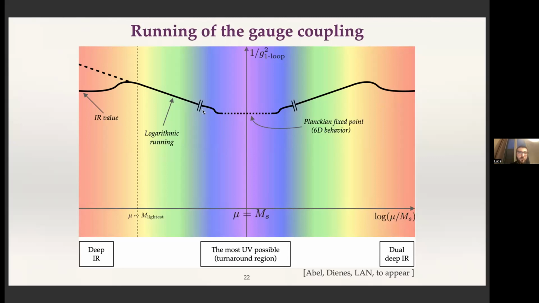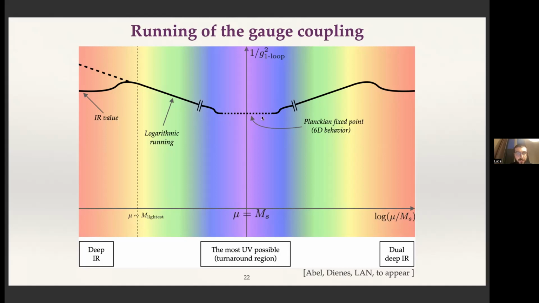And when we approach the UV, the most possible UV, which is of course the string scale, one can show that there is actually a fixed point here.